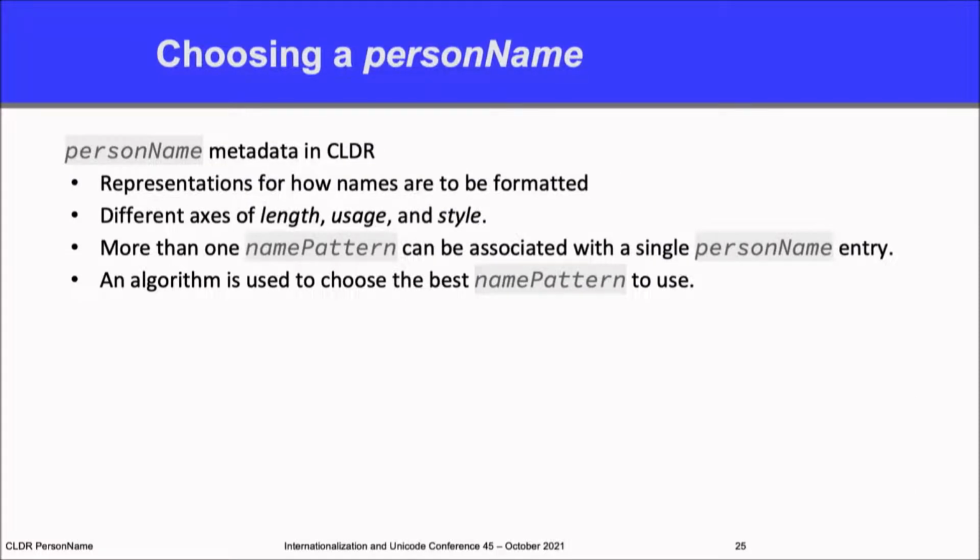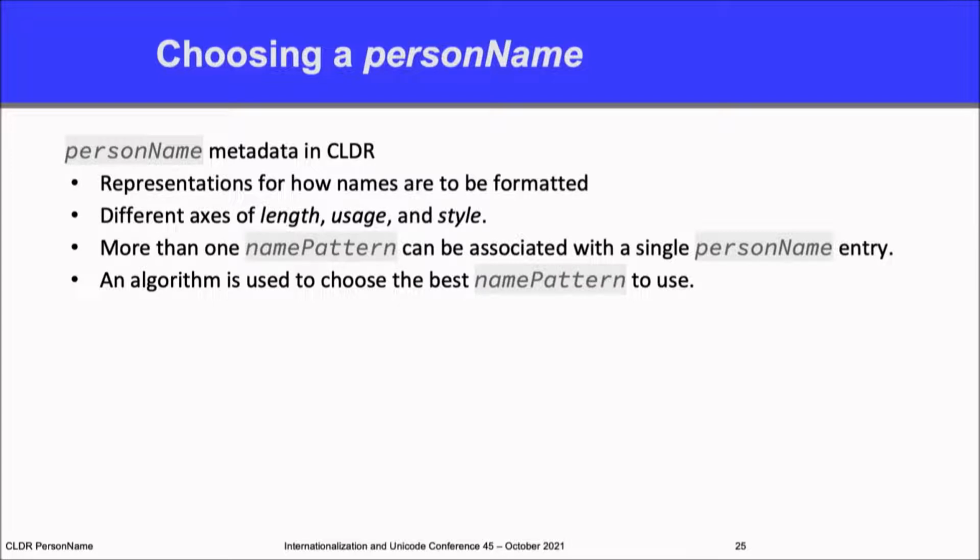But the fun part is you have a whole list of formats, and you go, well, how do I choose which person name format to actually use? In the person name, you have length, you have usage, you have style, potentially ordering. There can be more than one name pattern within a person name object.